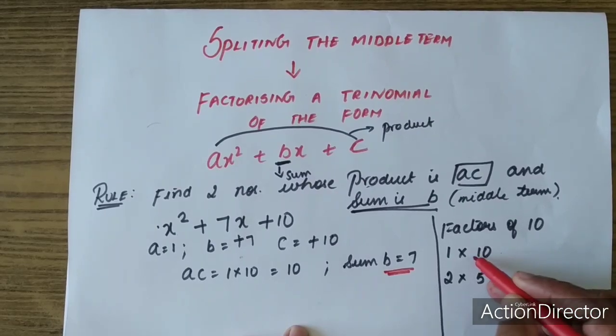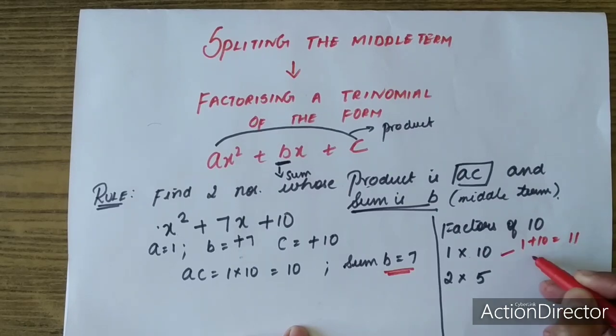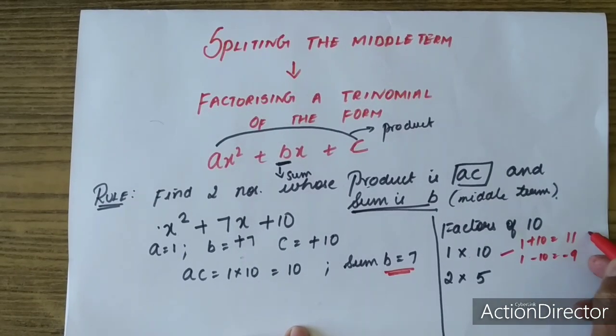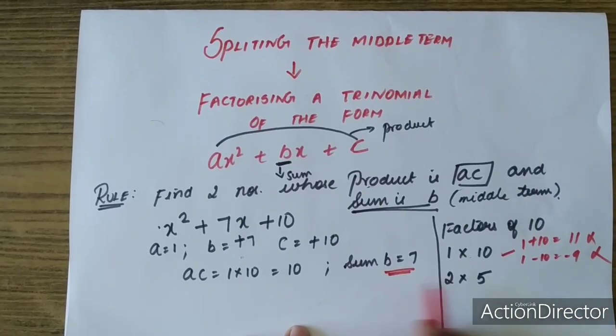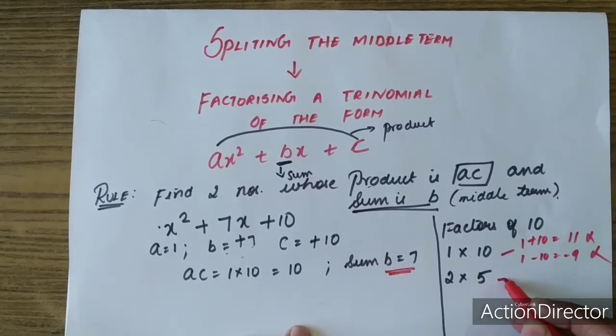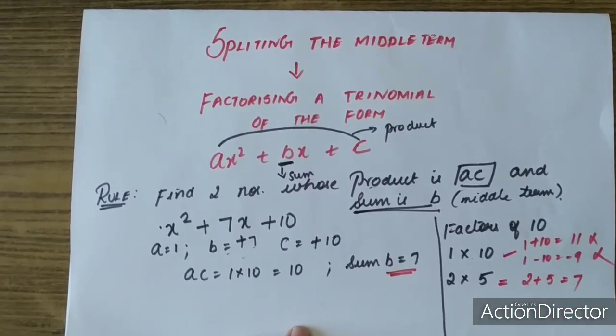Now if you check over here, 1 plus 10 will be equal to 11 and 1 minus 10 will be equal to minus 9. So these two factors I am going to rule out because I need the middle term as 7. Now if we add over here, 2 plus 5 will be equal to 7.